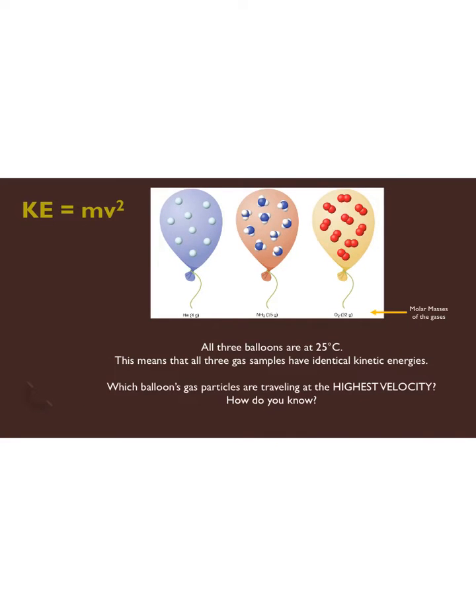Without doing any real math, we can think about this question as well, referencing this equation right here, KE equals 1/2 mv squared. All of these are going to have the same kinetic energy, so you can essentially think of their mv squared as equal to each other.